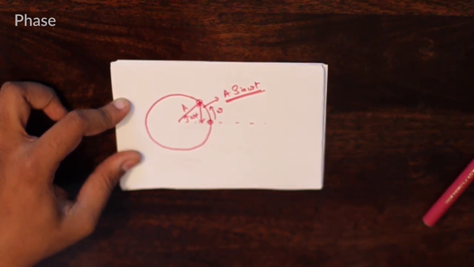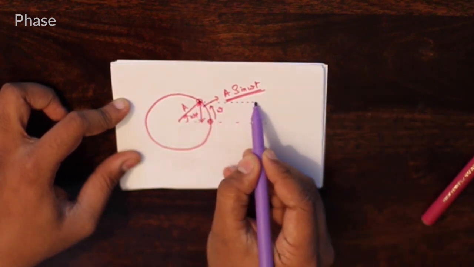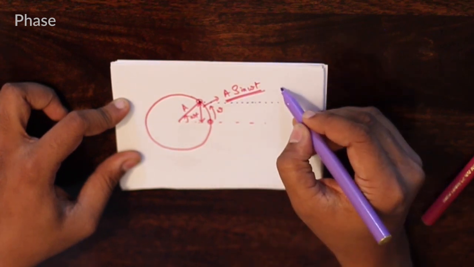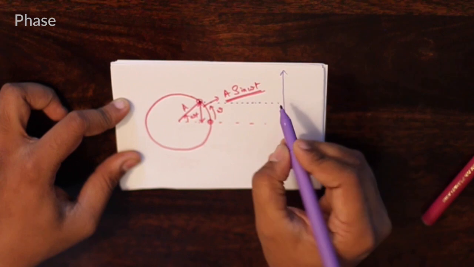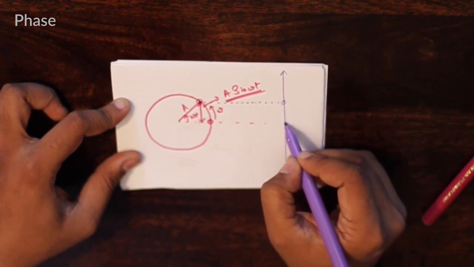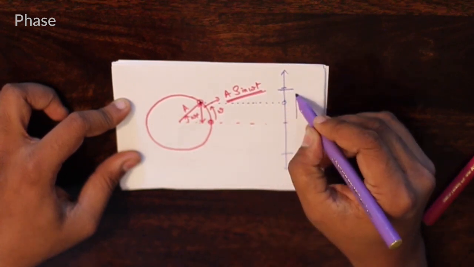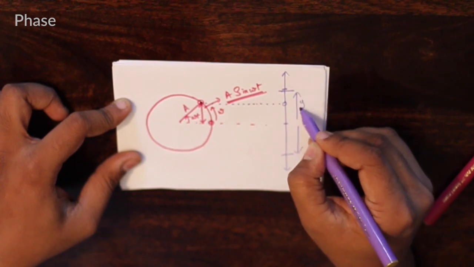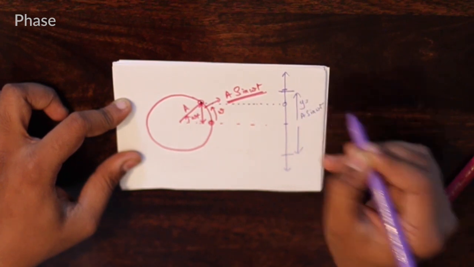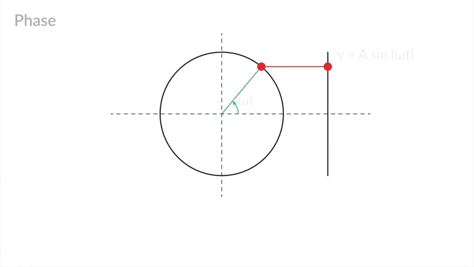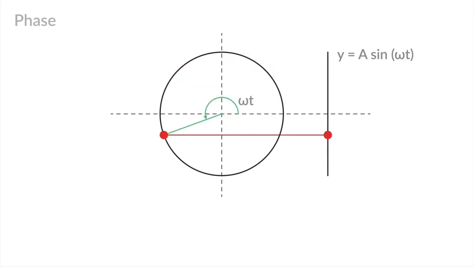If I mapped the projection of this bob on the y-axis, then you will see that the bob is undergoing an SHM which goes as y is equal to A sine omega t. Which looks like this. The y projection is A sine omega t, which is an SHM. So that's what the SHM sinusoid indicates, and that's what the phase indicates.